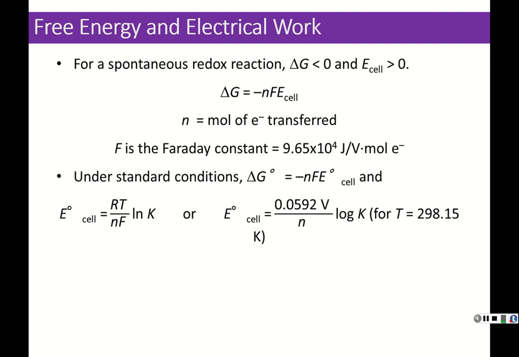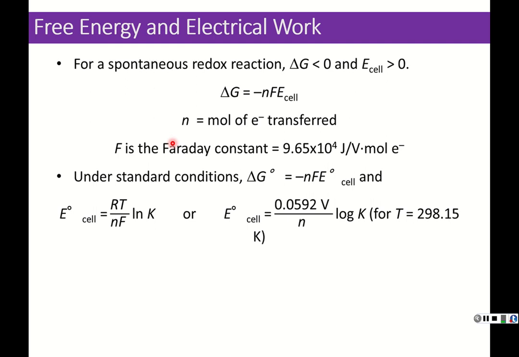So for a spontaneous reaction, we know that delta G has to be negative. We know that the cell potential has to be positive. There's an equation that relates the two together, and that's here. Delta G equals minus N times F times the cell potential. N is the number of moles of electrons that are being transferred.